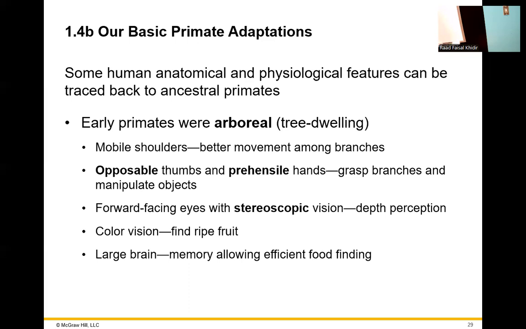We have better stereoscopic vision because that helps us survive. If your eyes are here, you can see better, you can integrate information better, and you can take visual input better. And then the color: you can see depth of color better, so now you can tell which fruit is more ripe than the other one, and that's more delicious and more nutritious than the one that is less ripe.